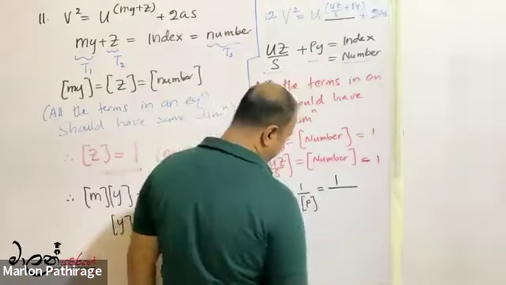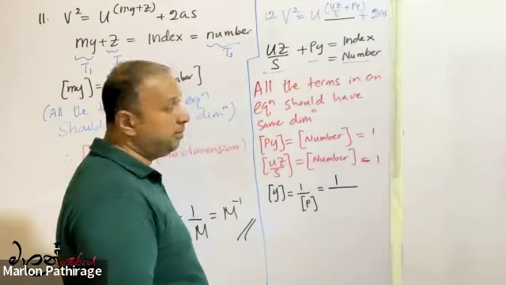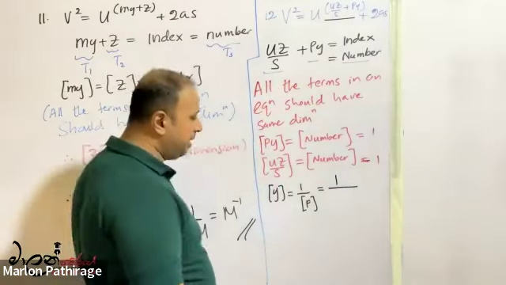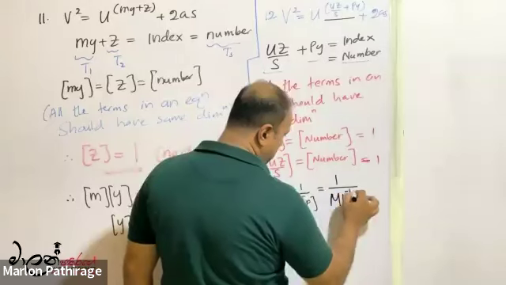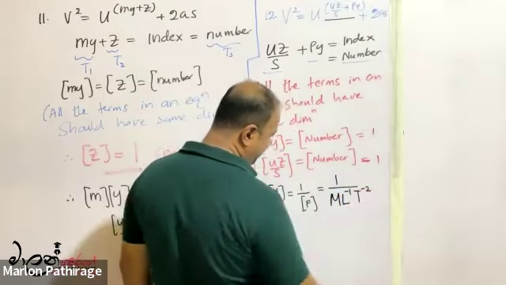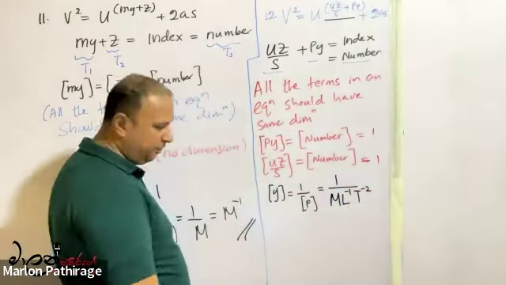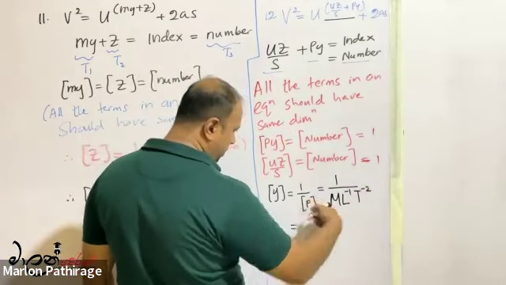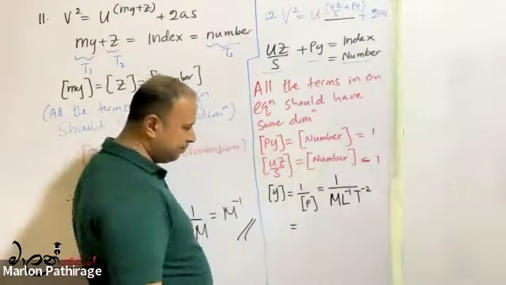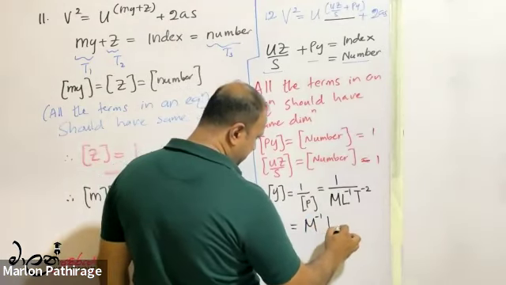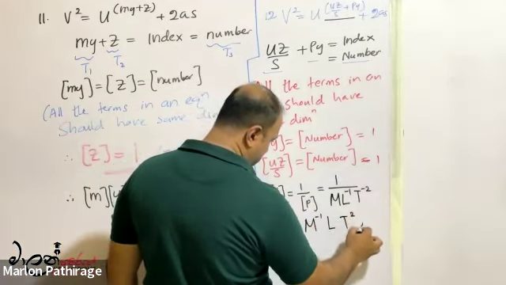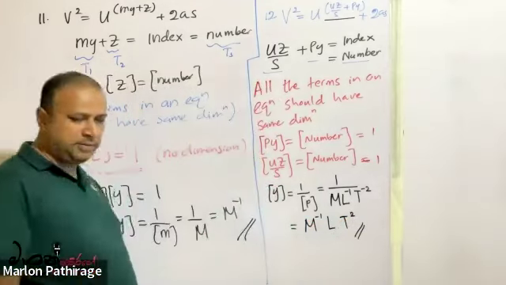Pressure means M L minus 1 T minus 2. Therefore, dimension of y is equal to M minus 1 L T plus 2.